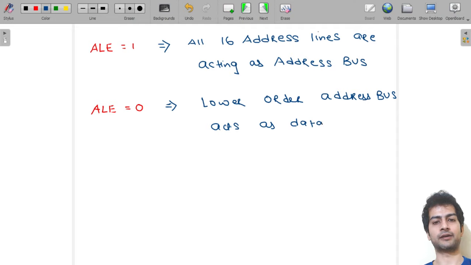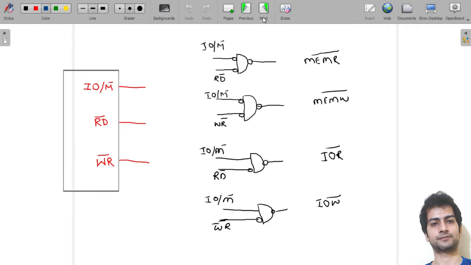Lower order address bus acts as data bus. So this is an important conclusion which you should know. And by energizing ALE and by de-energizing ALE, we are achieving multiplexing of address and data lines.